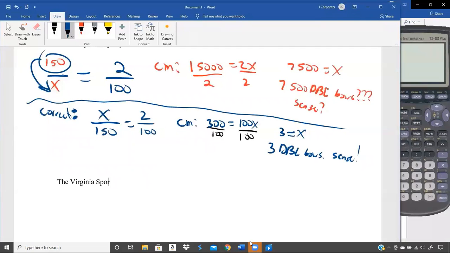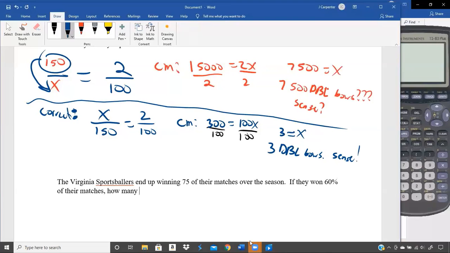Virginia sports ballers end up winning 75, excuse me, not 75, 70, no, yeah, 75, that was right, 75 of their matches over the season. They won 60% of their matches.